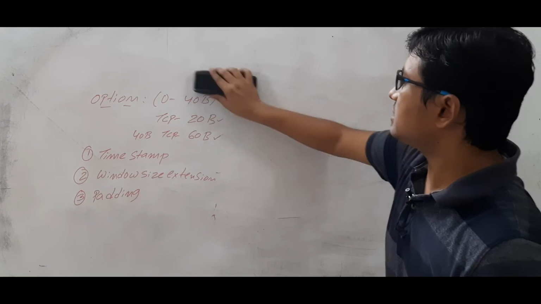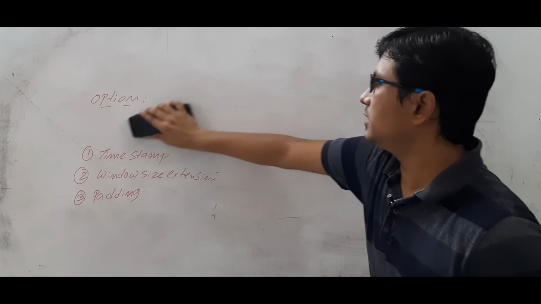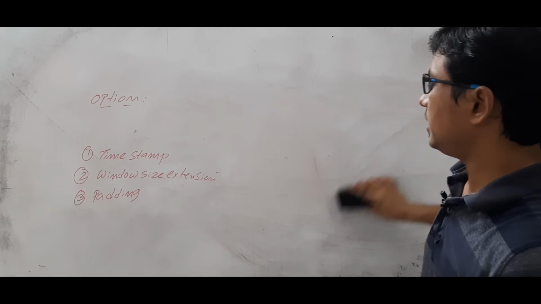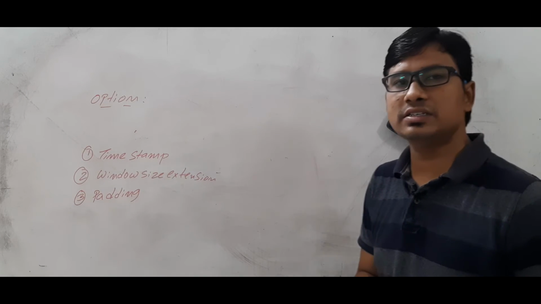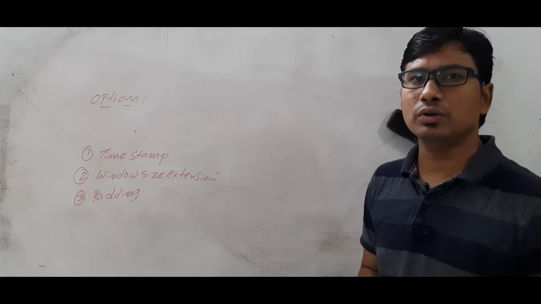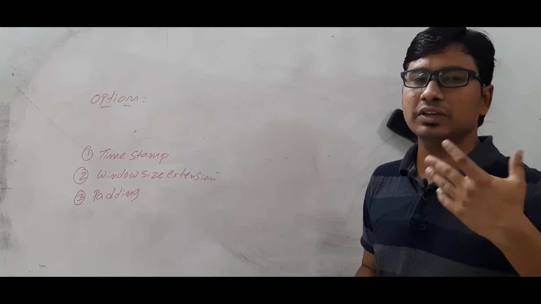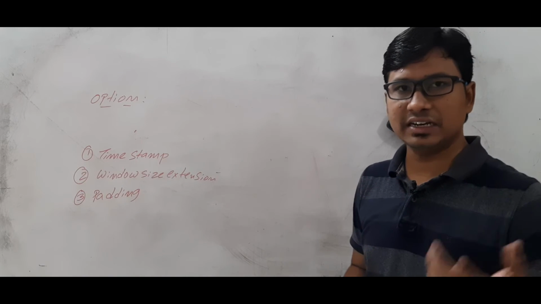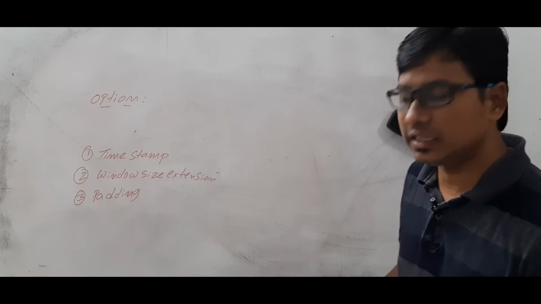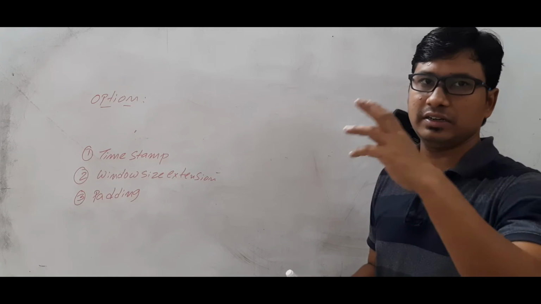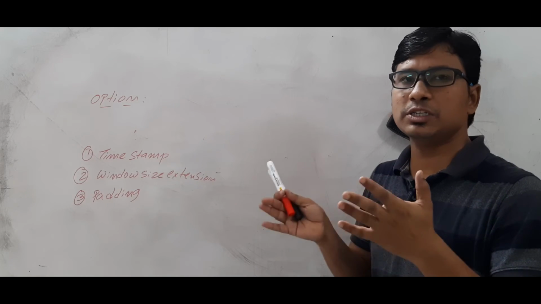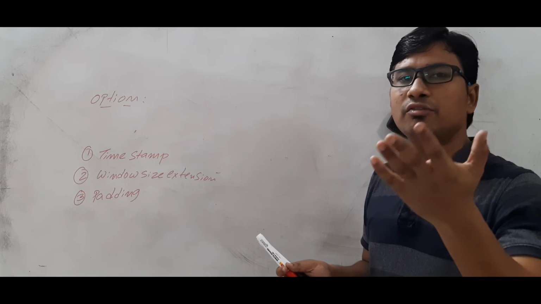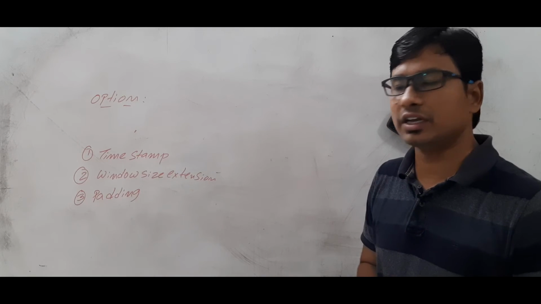Now when we were discussing TCP connection establishment and data transfer, we discussed that for flow control, sender and receiver will send the advertisement window. Am I right or wrong? It will send the advertisement window saying that this much window or this much buffer I have allocated for receiving your information.